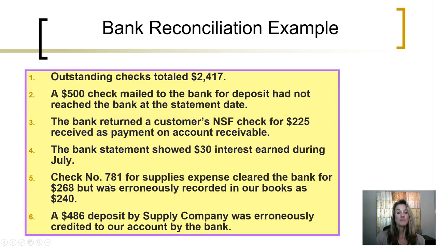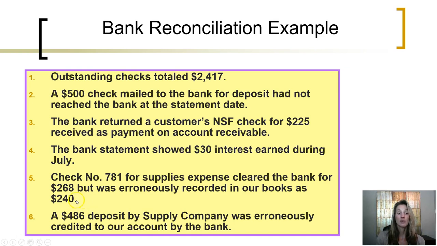Another reconciling item, check number 781 for supplies expense, cleared the bank for $268, but it had been erroneously or mistakenly recorded in the books as $240. The books do not know about this error. We need to correct this error in the books, so we're going to be on the book side of the reconciliation.